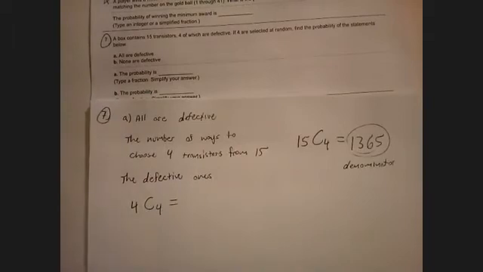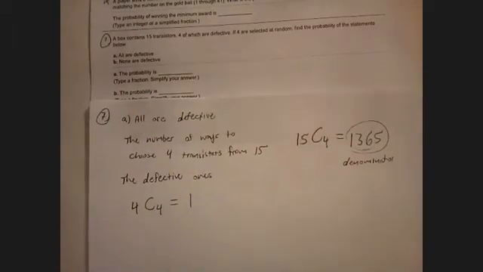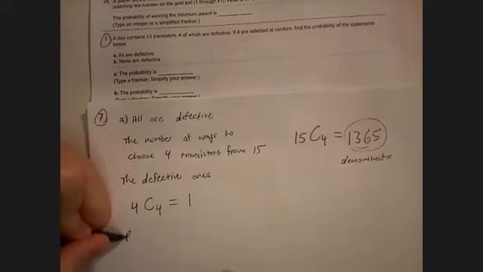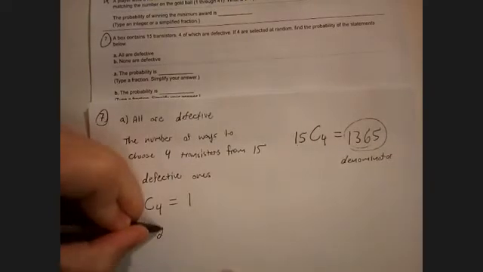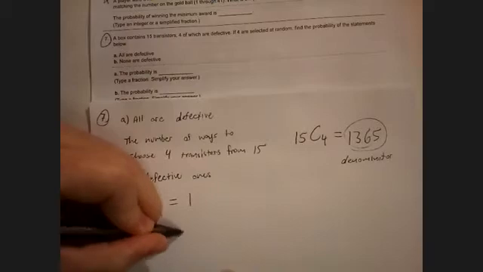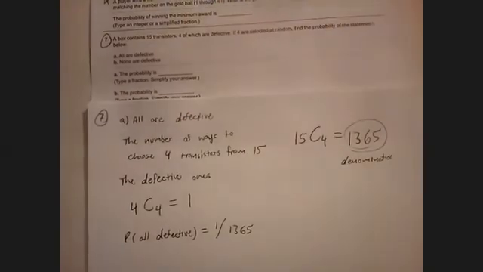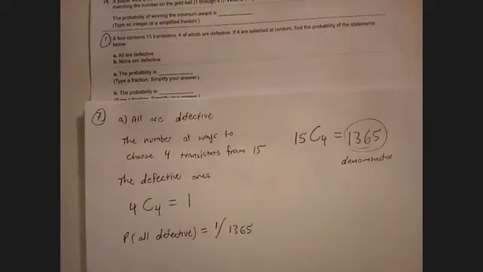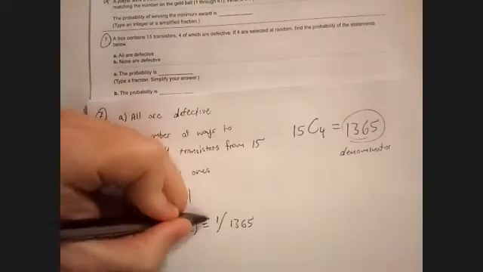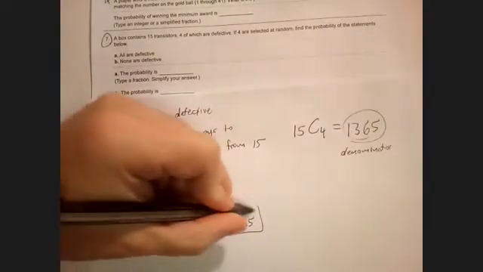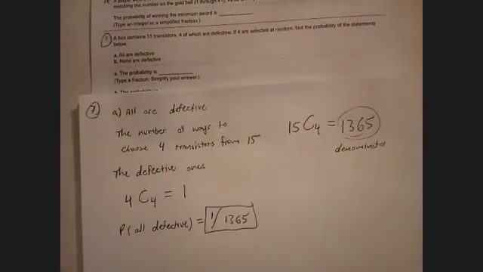Obviously, if we choose them all, there is only one way to do that. So the probability of all defective is 1 over 1365. That's the number that we would type into MyMathLab.